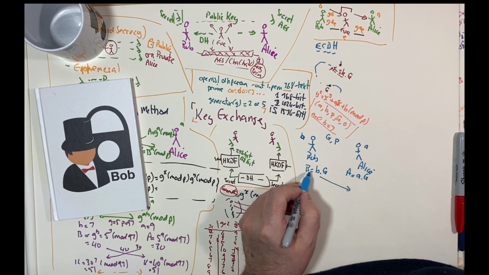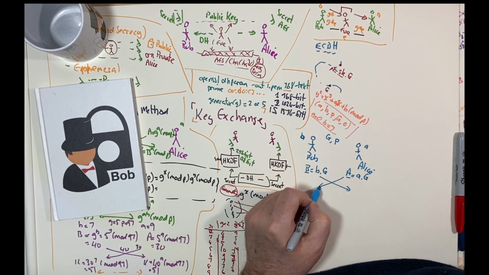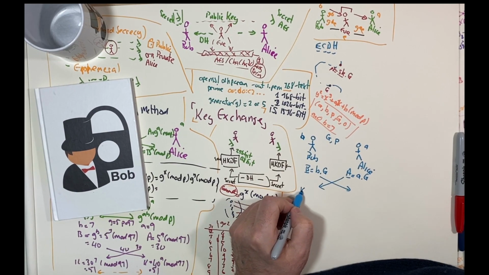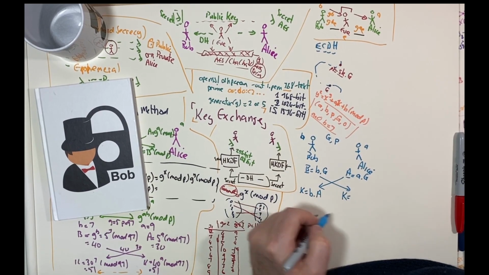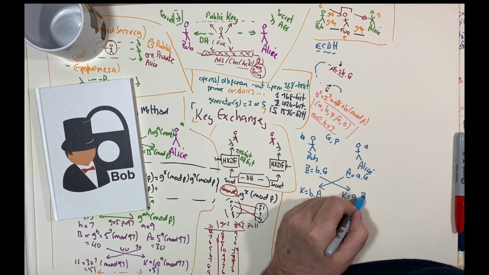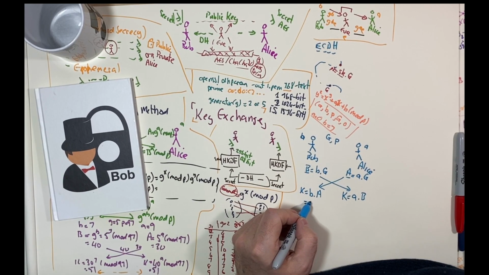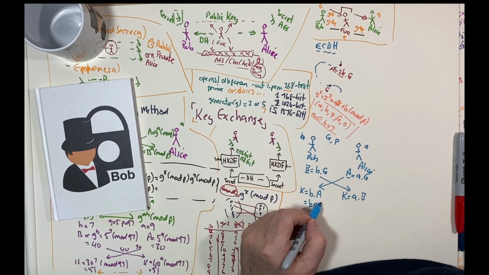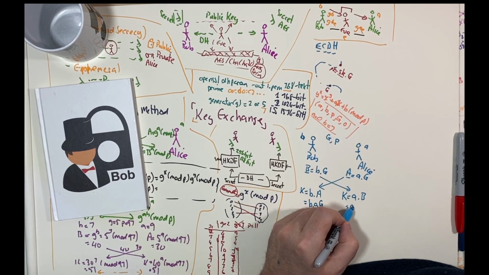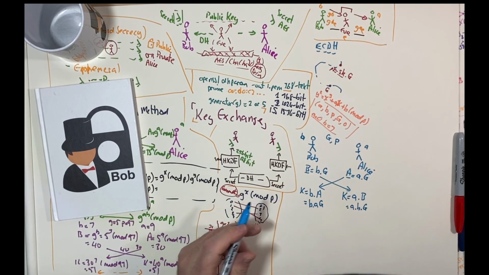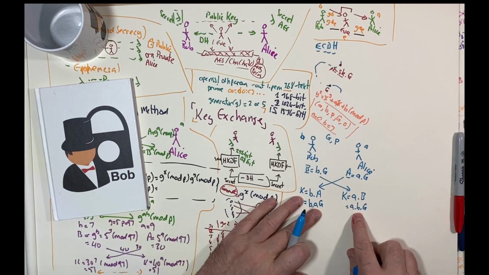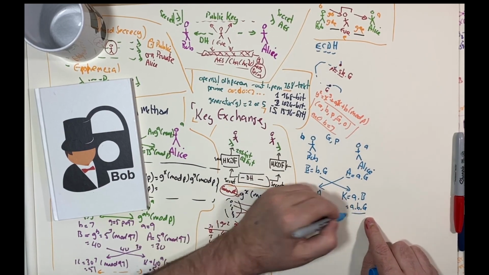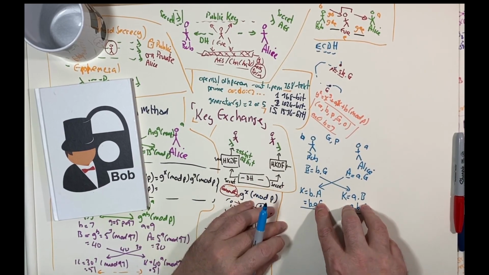So Bob sends his value over, Alice sends her value over, and the shared key is equal to Bob's secret times A. Again over here, A times B, and that becomes B A G and A B G. And because of the wonder of these operations, these are the same values that we have, and we have the same shared key.